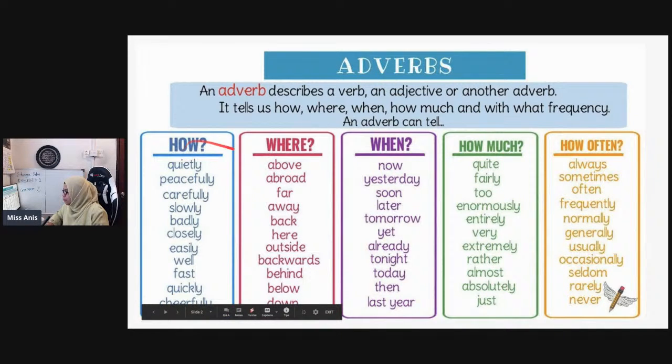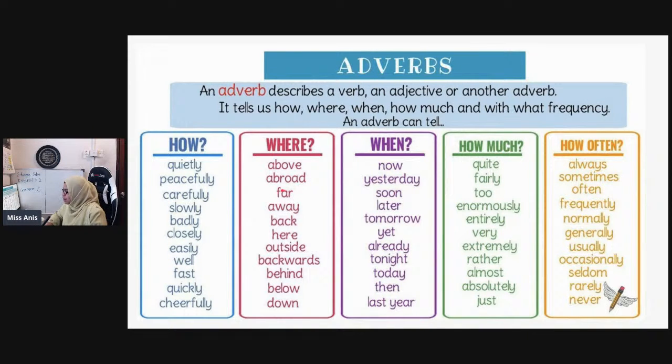So that's for how. Now, say for example, someone came to you, where is my wallet? Where did you park the car? Where can I get it? Okay, nampak tak kata soalan where? Alright, so here: above, abroad. I left your wallet abroad. Habis kau kena pergi naik kapal terbang pergi ambil balik wallet tu. Dah sekarang quarantine apa, kalau naik kapal terbang sekarang kena quarantine kalau pergi luar negara. I'm just kidding.